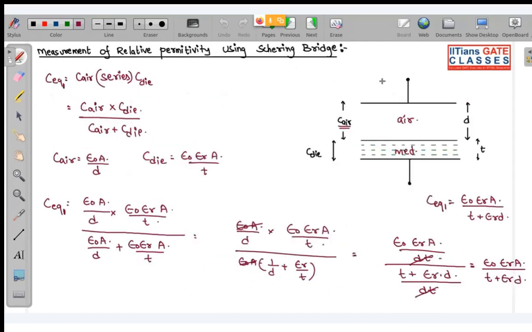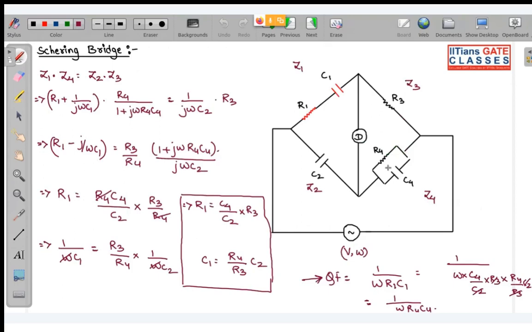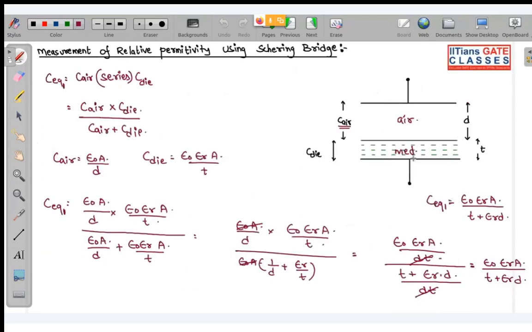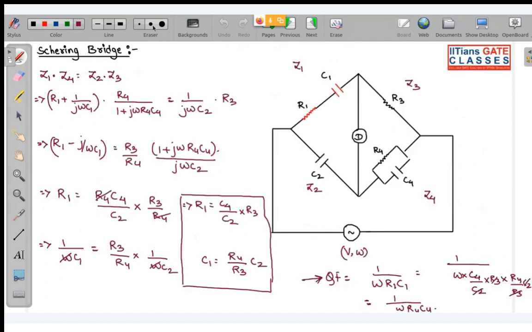Fine. Now what I do, I will remove this medium. See, once again, look, when this medium was present, suppose this is my detector, let this be 0, this be some negative value, or I can even take it as a voltmeter.